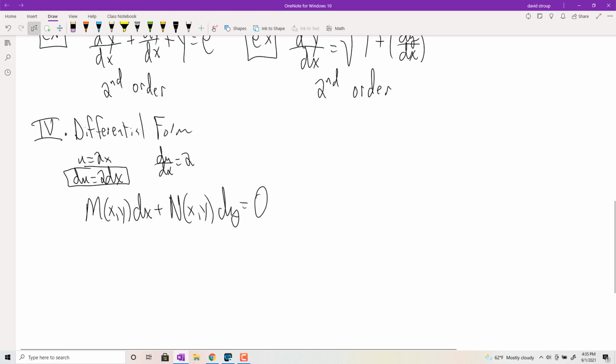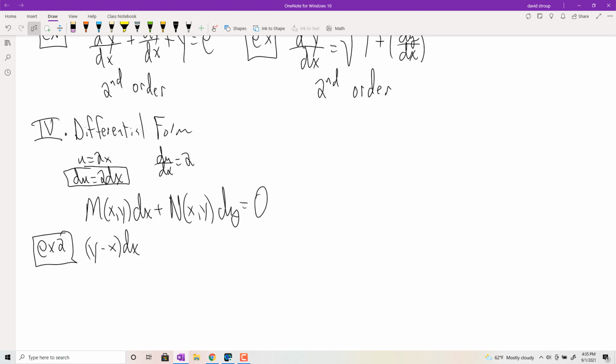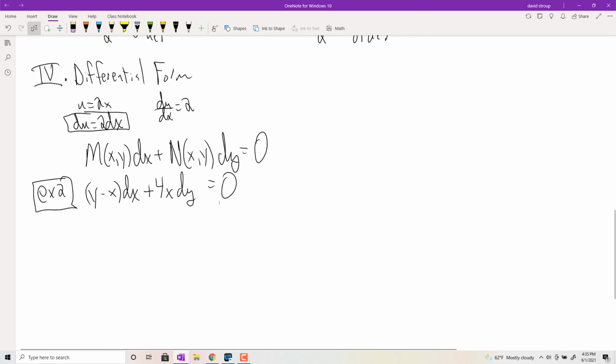Okay, let's look at converting into this general form. So we'll look at example 2 from the book. And we have y minus x dx plus 4x dy equals 0. So I want to get into a more standard form like what I see above with the dy over dx.